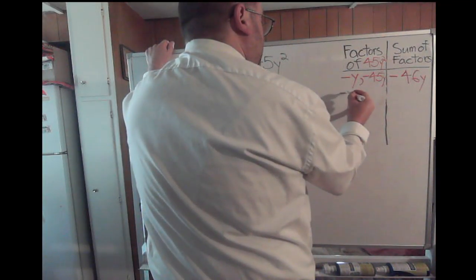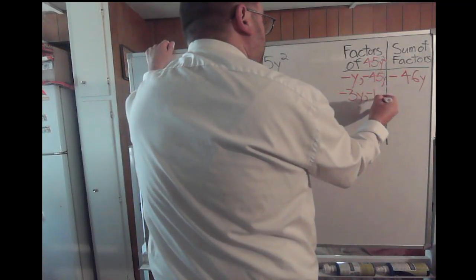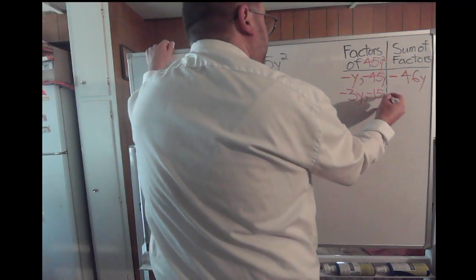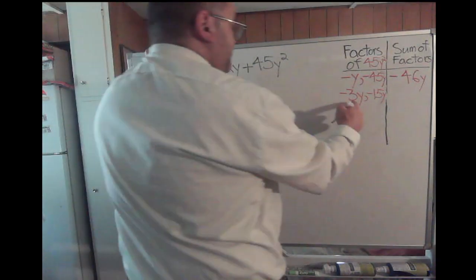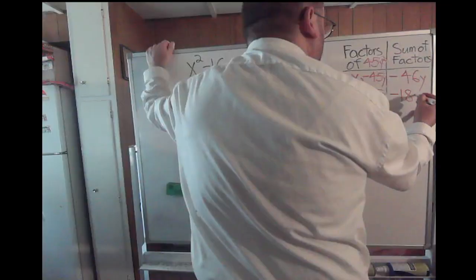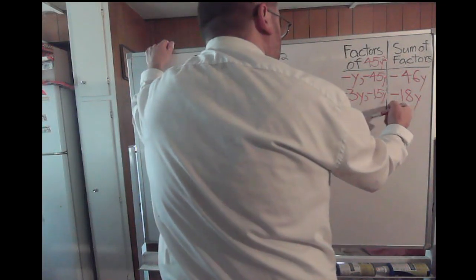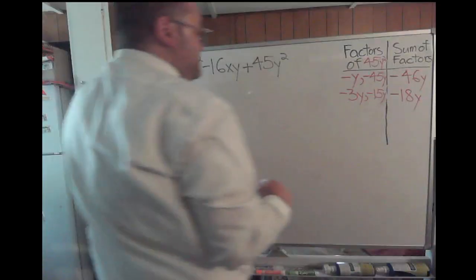What else? We got negative 3y and negative 15y. Well, negative 3y, negative 15y gives you negative 18y. That coefficient of negative 18 does not equal negative 16, so that's not going to work.